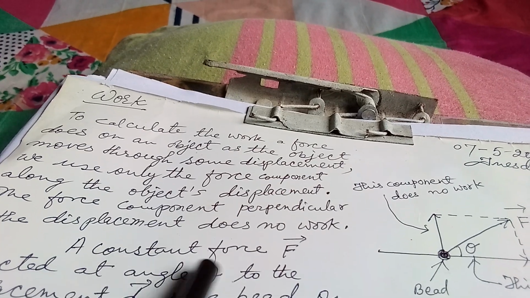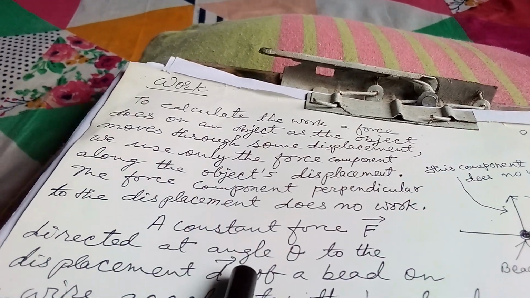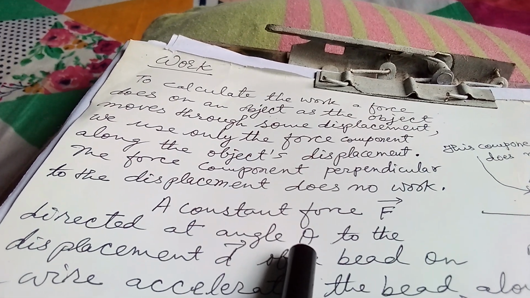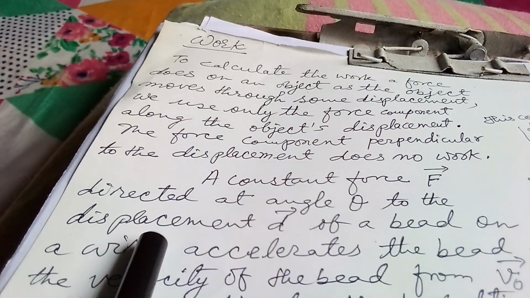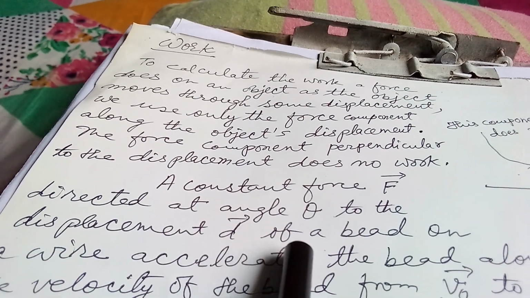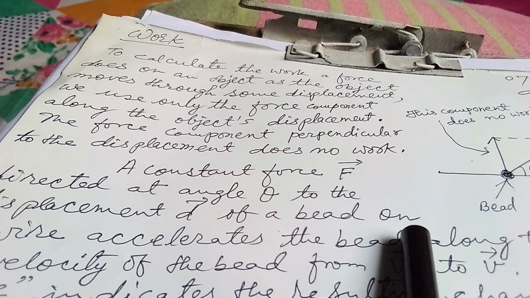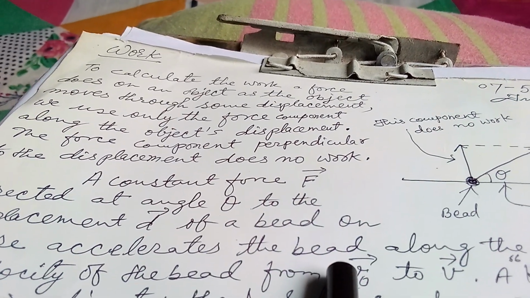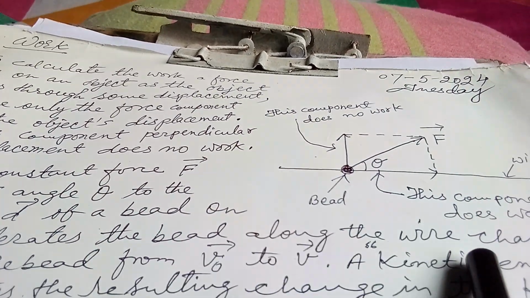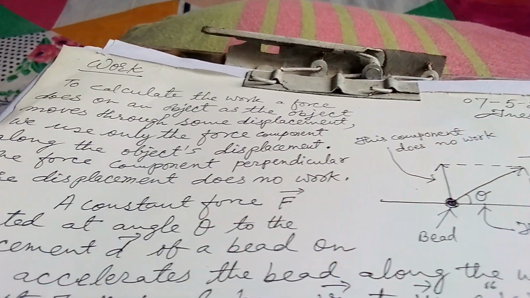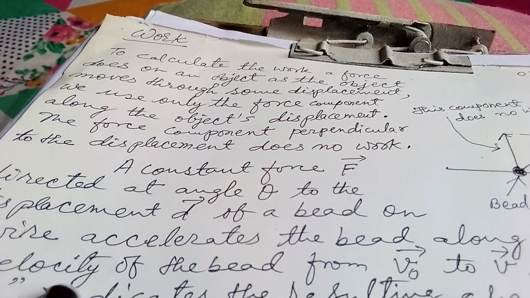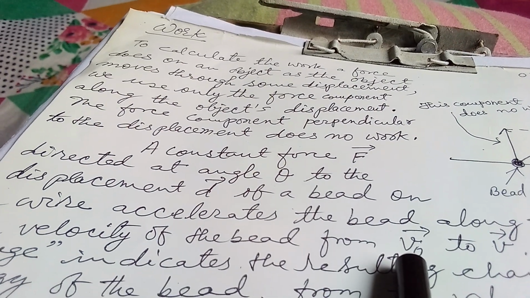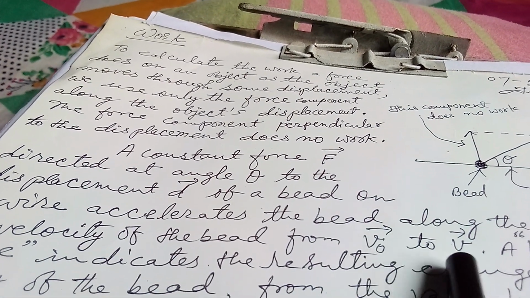So, a constant force F directed at angle theta to the displacement d of a bead on a wire accelerates the bead along the wire, changing the velocity of the bead from v0 to v.